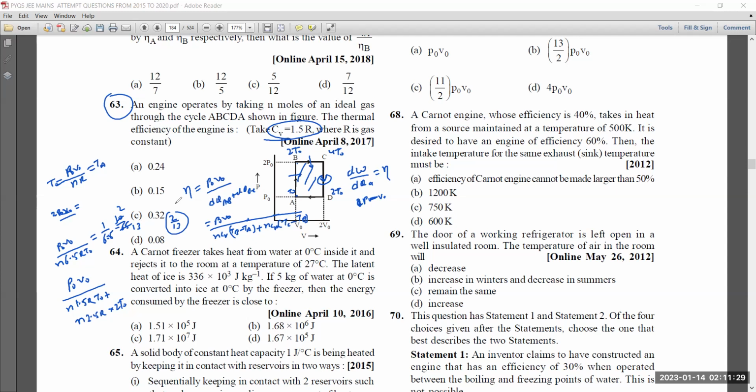Can you check the answer B? Yes. It should be 0.15. This is coming now. Yes, sir, option B is correct. So, of course, you have to learn how to write it fast and how to convert things into a simpler way. So some thinking is required.